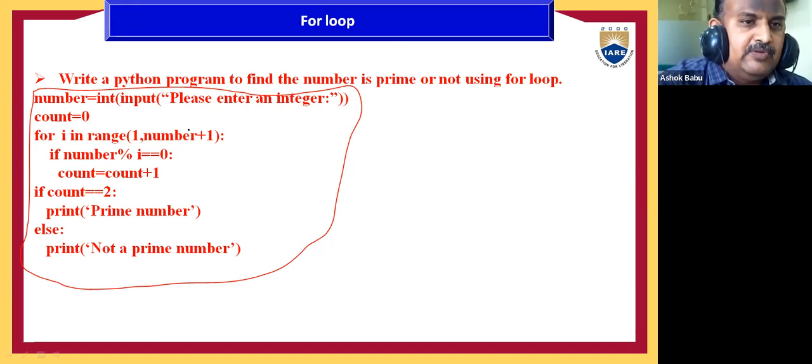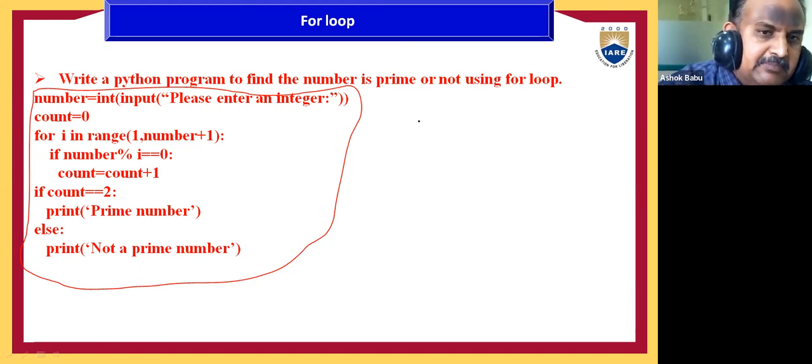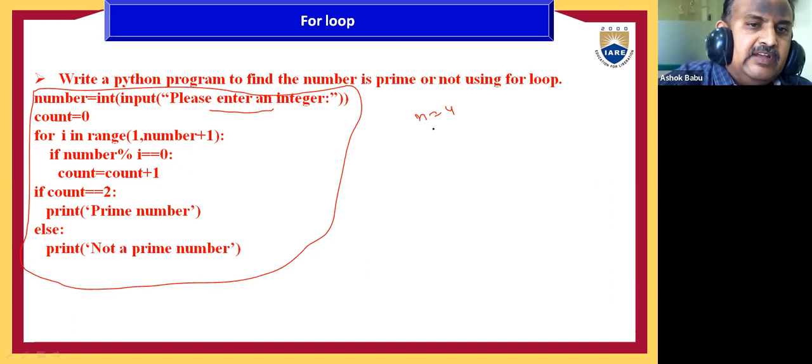So here I want to find whether the given number is a prime or not. Let us assume some number, n equal to 4. So I need to find whether the given number n is a prime number or not. When n equal to 4, let us assume count equal to 0.